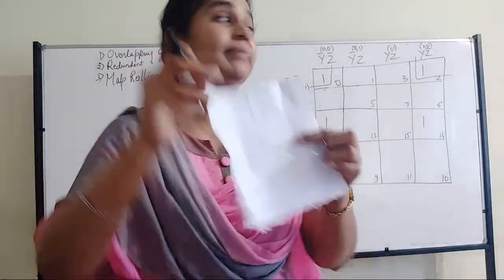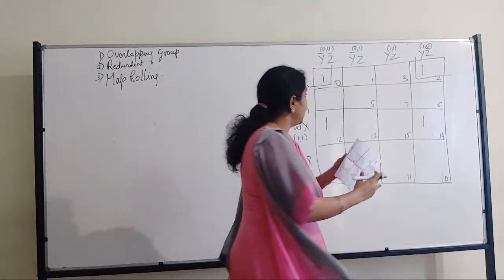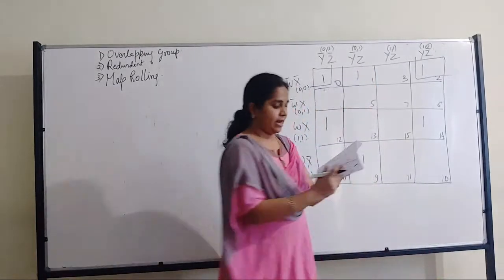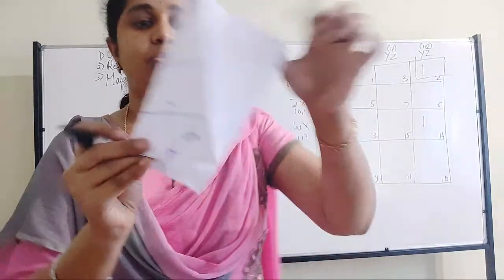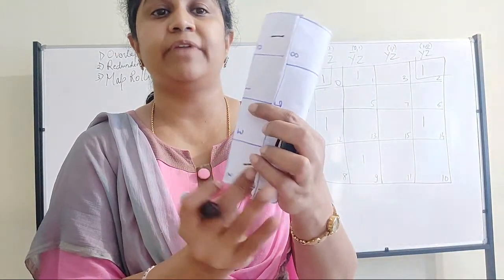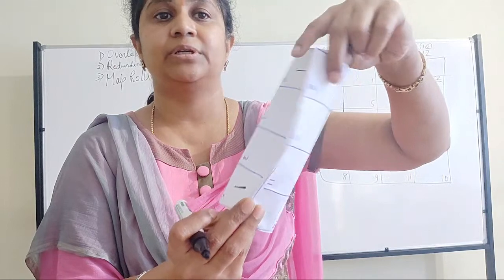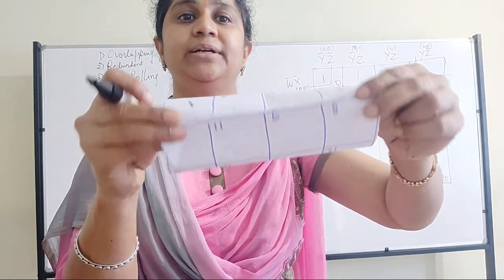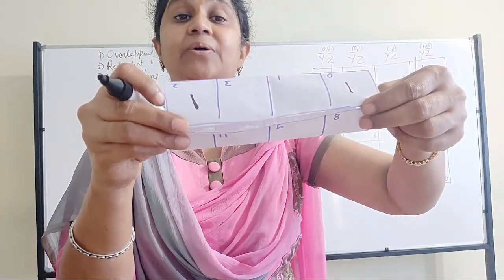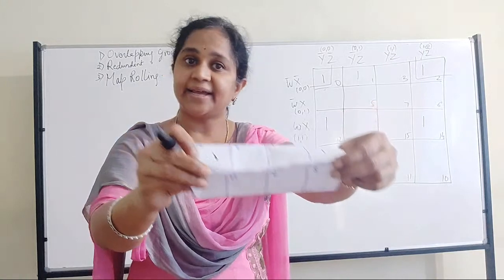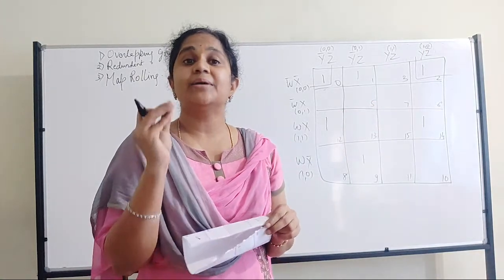Now the same way, here, if I have 1 and 9, I can roll this way also. It's not just one way, I can roll whichever way I want. If I roll, can you see 1 and 9 come next to each other? Now this is also one pair formed. Right? So this is called map rolling.